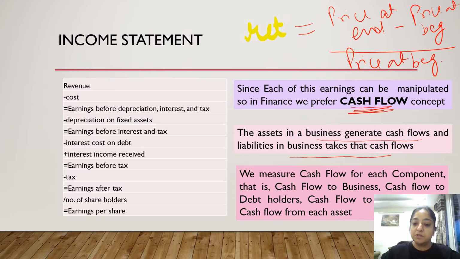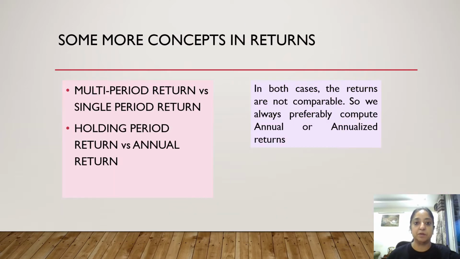So from the business point of view, we will calculate the cash flow for each component, whether it is cash flow to the business, cash flow to the debt holders, cash flow to the equity holders, and cash flow to each asset, for the valuation purpose of that particular asset or liability.